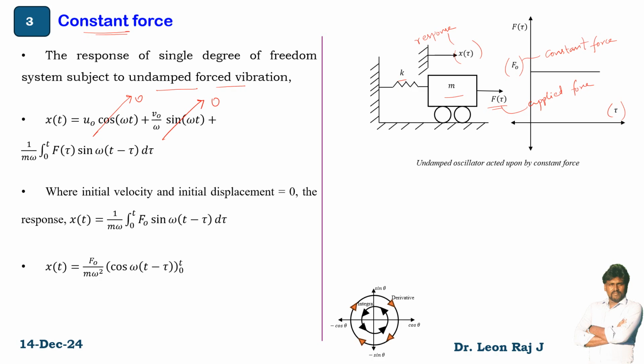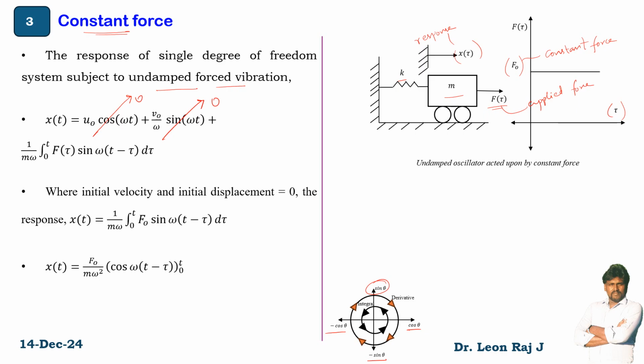So just integrate this sin omega (t minus tau) d tau. If you get confused with the sine, cos, integral and differential, plus or minus, just see this graph. The x-axis is cos theta, the y-axis is sin theta. Then you can see minus sin theta and minus cos theta.